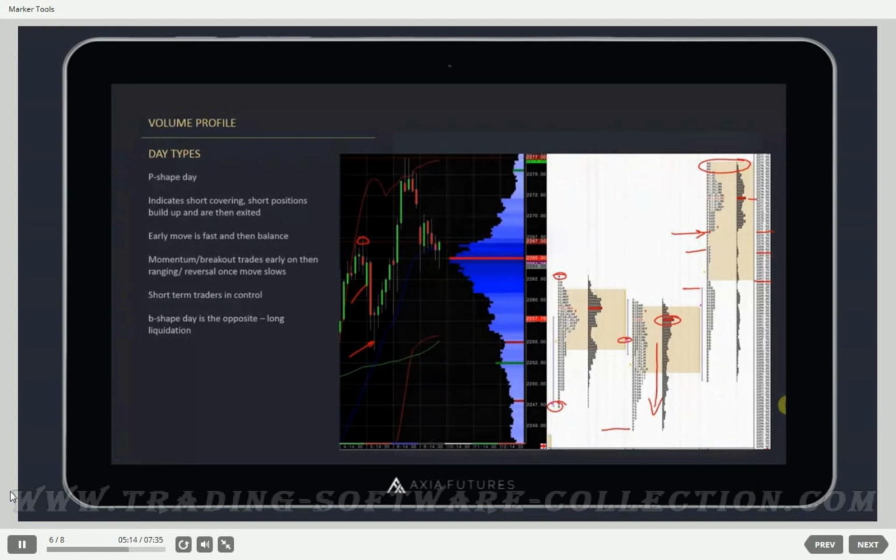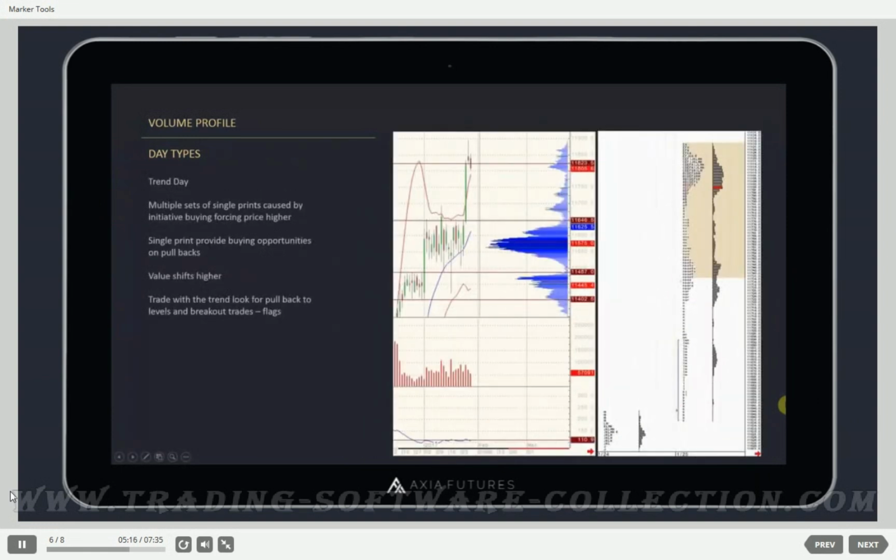So let's have a look at a trend day. This is slightly different. You see an initiative move, and then value continues to rise with the move. Obviously on a trend day higher, trend day low, you will see value continue to dip. So have we had a few clues to this? Yes, we have. We've got a large range on the DAX. This is a daily chart.